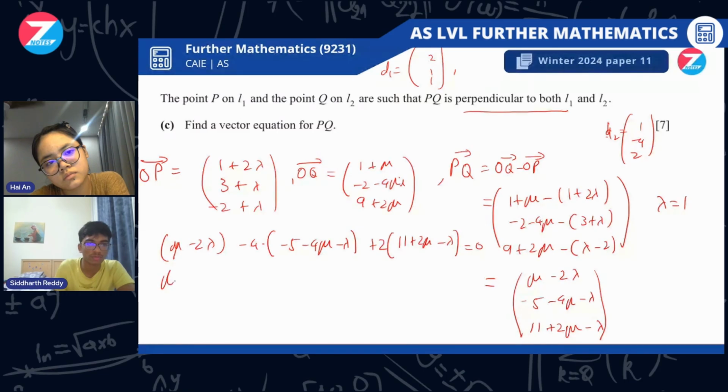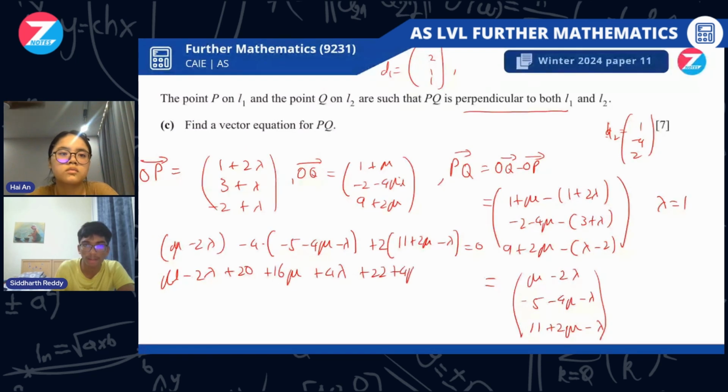So you get mu minus 2 lambda plus 20 plus 16 mu plus 4 lambda plus 22 plus 4 mu minus 2 lambda is equal to 0. The lambda terms cancel out.